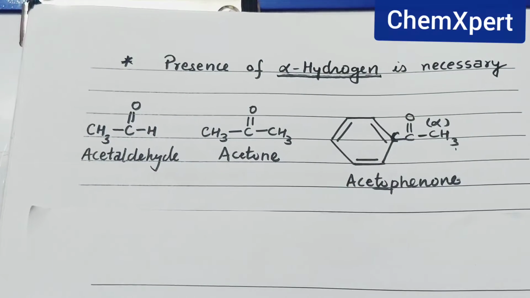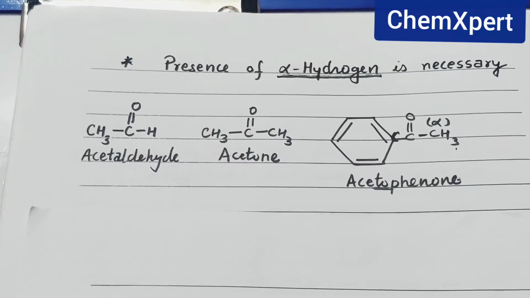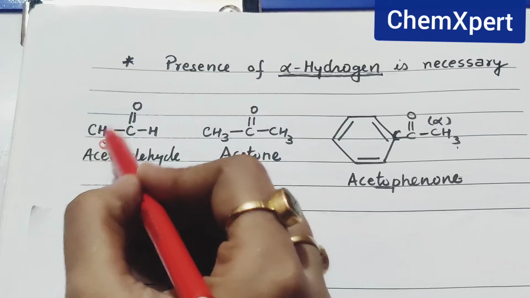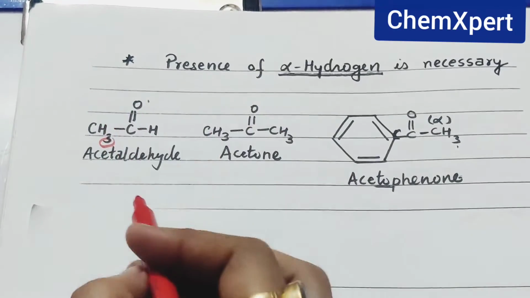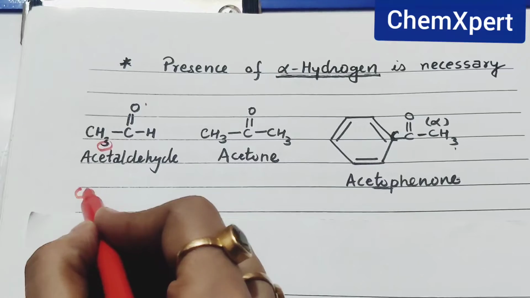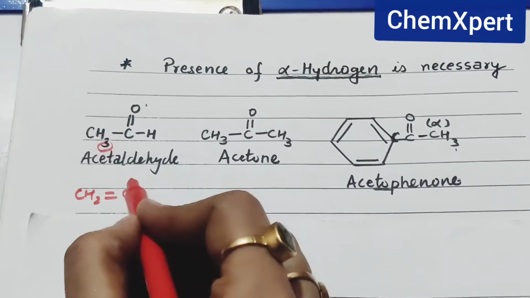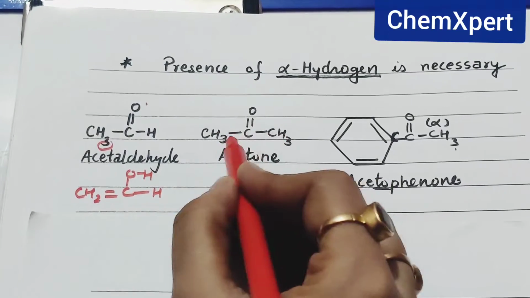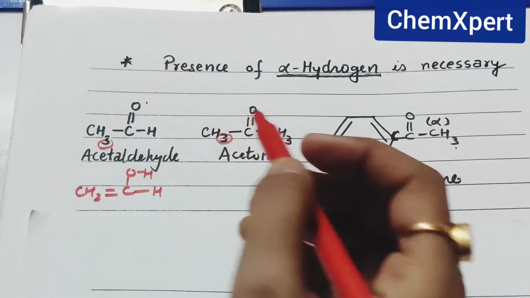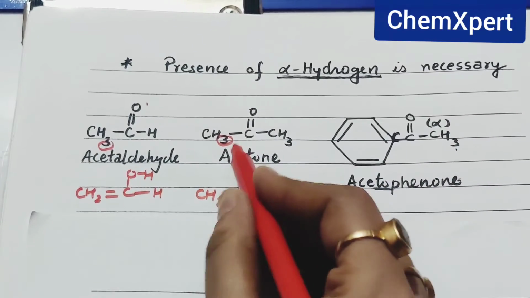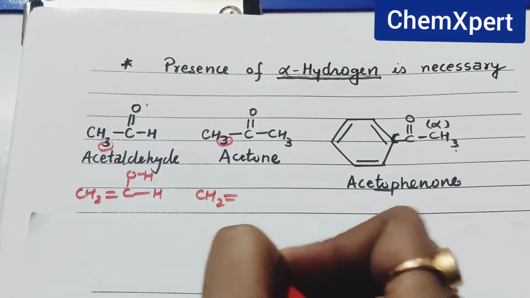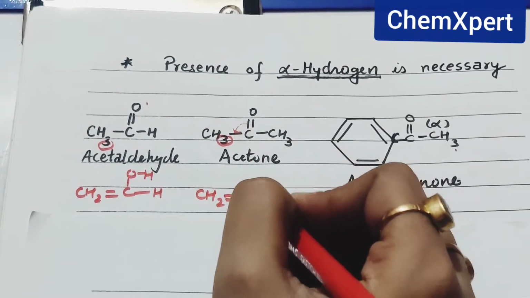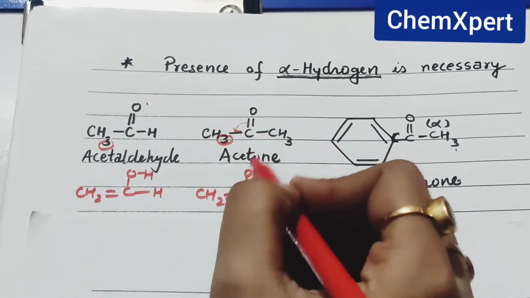Now just for example, if I write the structure for it, we have already discussed this. So what happens, this H will shift here and the double bond will shift here, so now the structure will become CH2 double bond C OH. Again in this case, any of the alpha hydrogens will shift toward this OH, so this will remain as CH2, the double bond will come towards this side, and this O has taken that H towards itself.